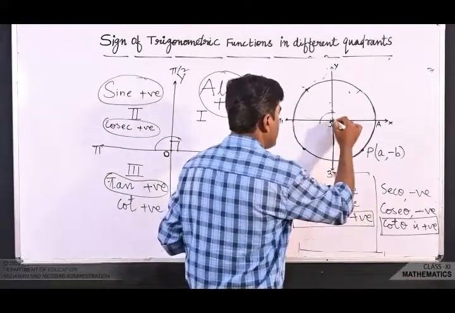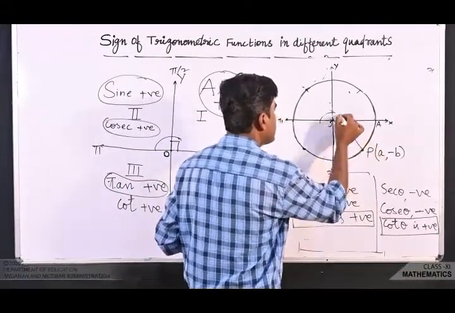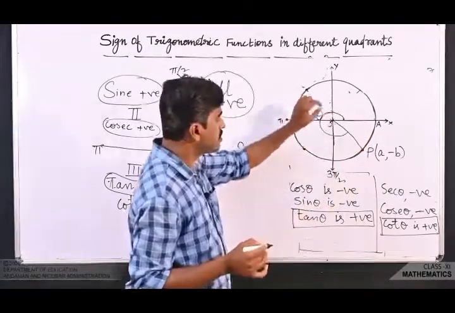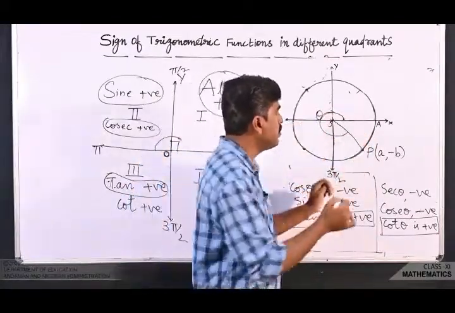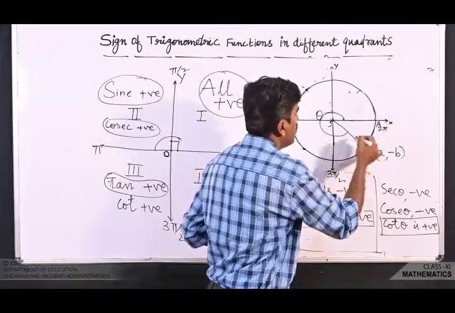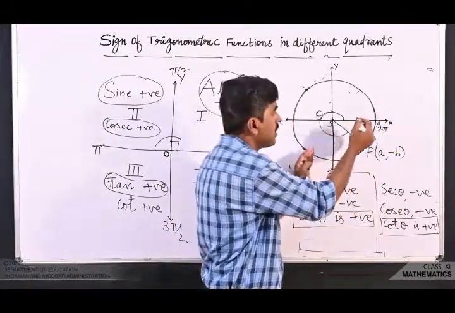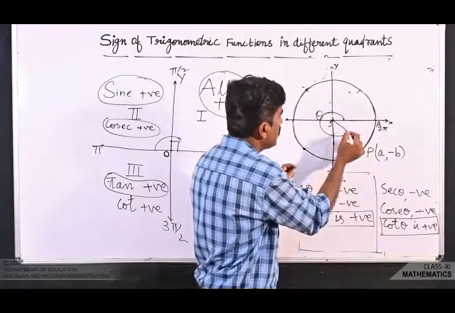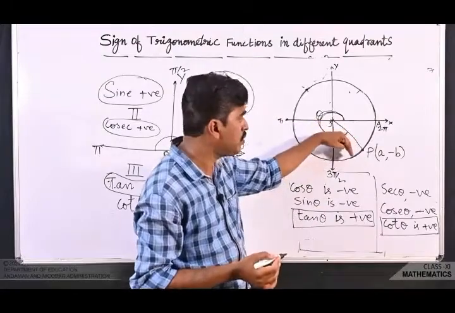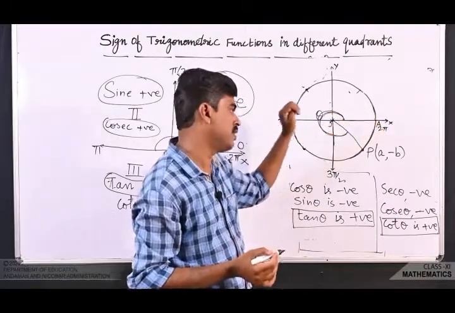Now this is the angle theta. It is greater than 3 pi by 2 and less than 2 pi. If we complete one revolution, the angle will be 2 pi. So this angle theta is greater than 3 pi by 2 and less than 2 pi.